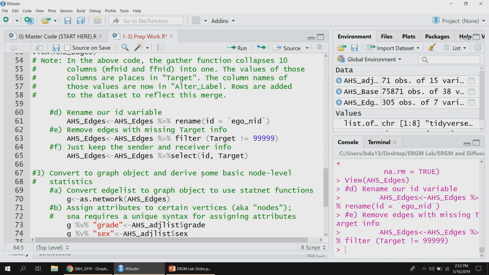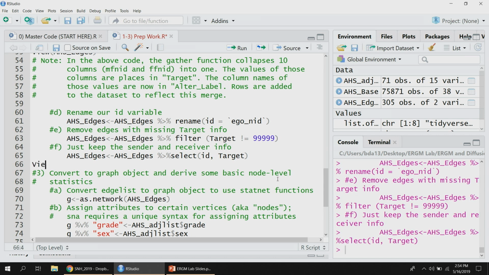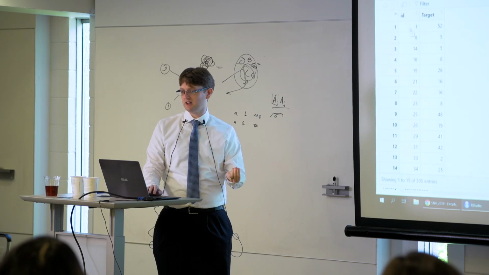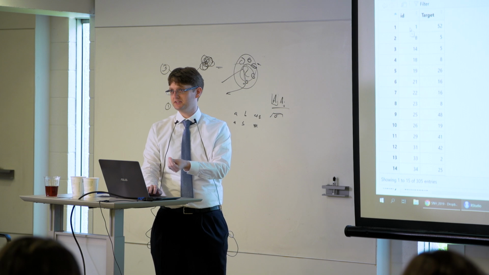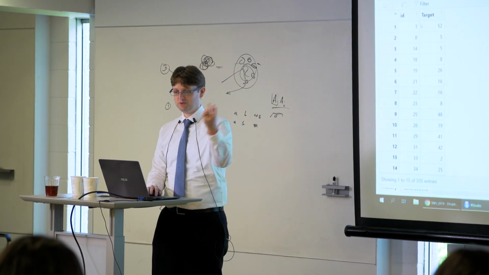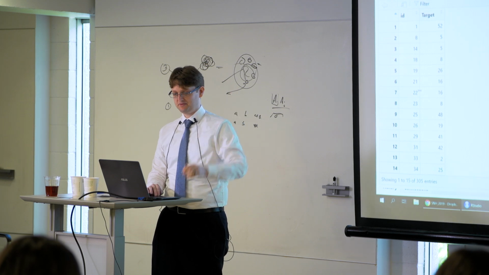And now we're going to get rid of all the other information in this edge list by saying just keep ID and target. So if we look at this new data set, we finally have an edge list of everybody in our school. ID is the people who are sending the nominations, and target is the receiver of the nominations, right? So ID 1 nominated person 52.